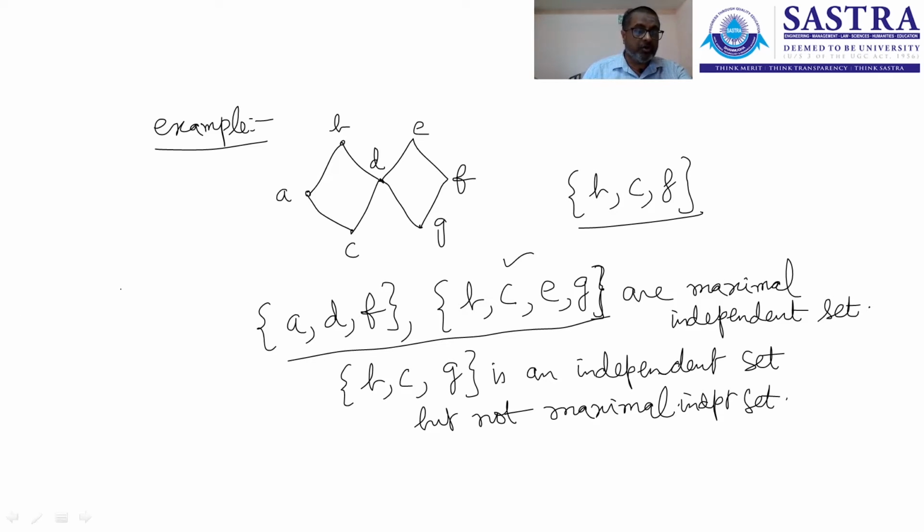Now I write the enumeration part here. Let me write like this: enumerating all maximal independent sets.